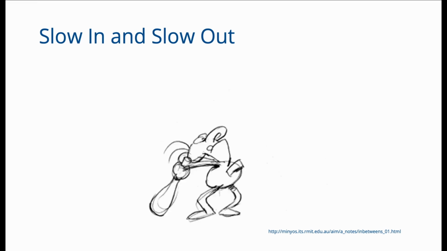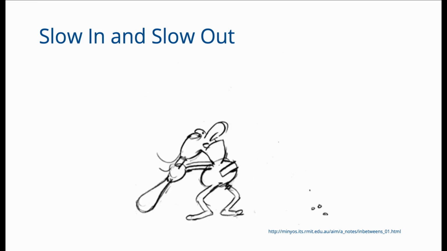However, if I apply slow in and slow out, see what happens. You get this feeling of weight that he is actually lifting a heavy club and he is bringing it down with some force.